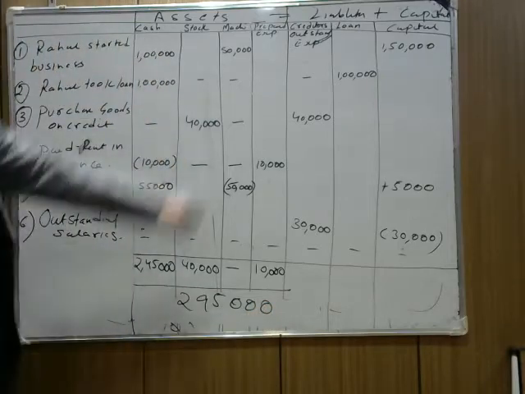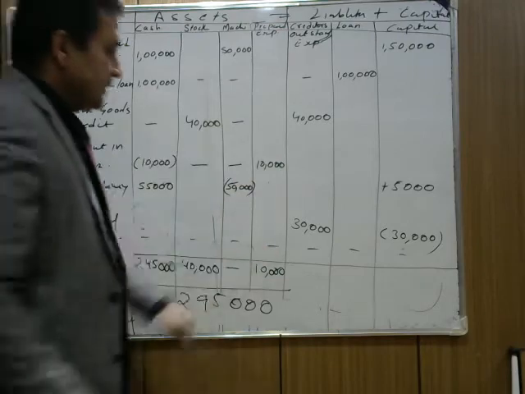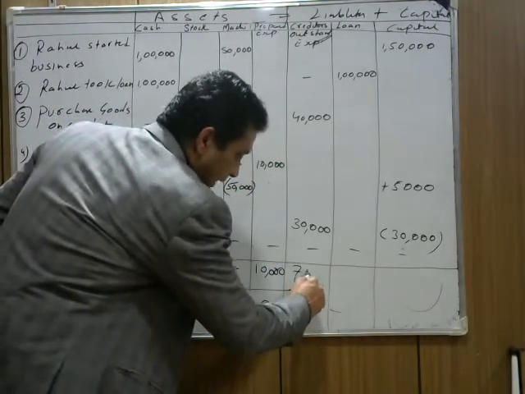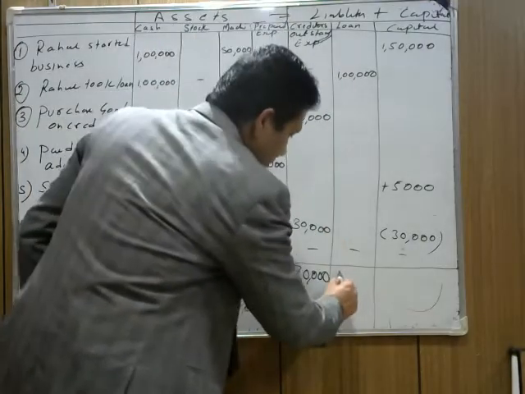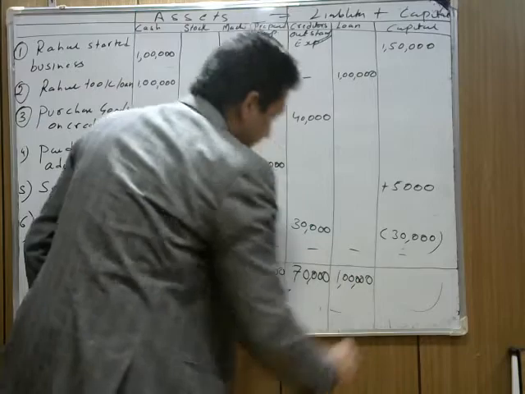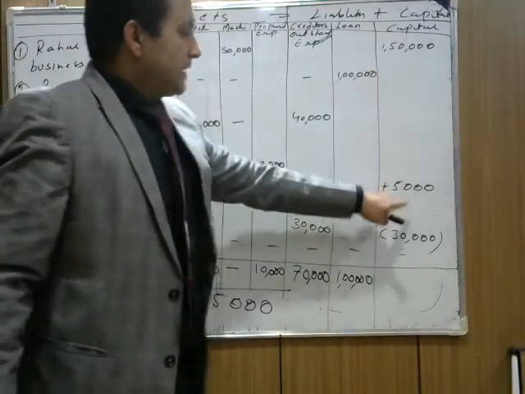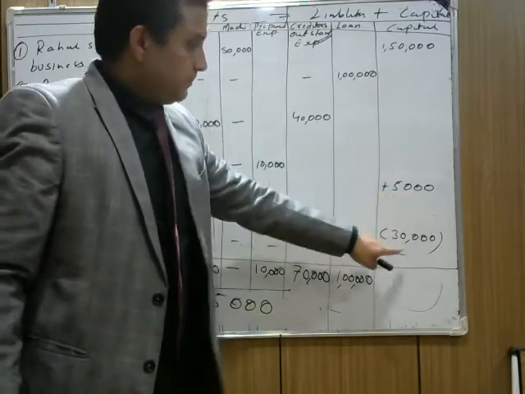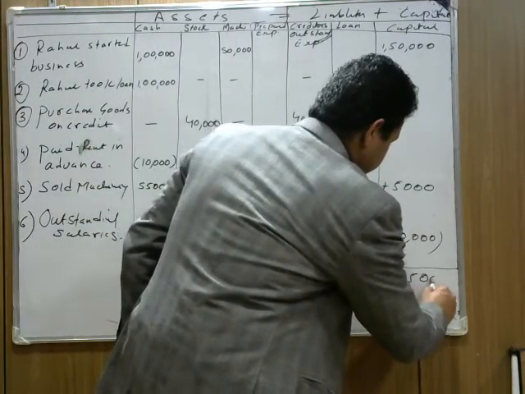Now check your liability. Your creditors are 40,000. Oh sorry, and outstanding salaries are 30,000. This is a liability. So liability is 70,000 here. Your loan is 1 lakh, it makes 1,70,000, and your capital is 1,50,000 plus 55,000 minus 30,000, it's coming 1,25,000.